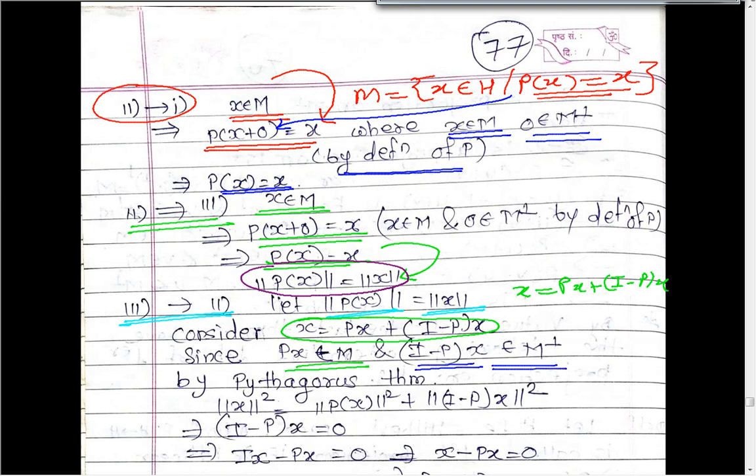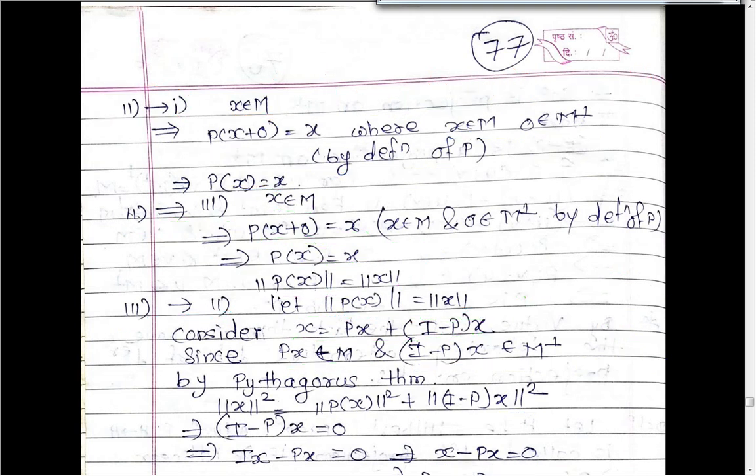So these two vectors Px and I minus Px are orthogonal to each other. So by Pythagoras theorem, norm of x square equals norm of Px square plus norm of I minus Px square. This implies that norm of I minus Px must be equal to 0, so that x is equal to Px, or x minus Px is equal to 0.